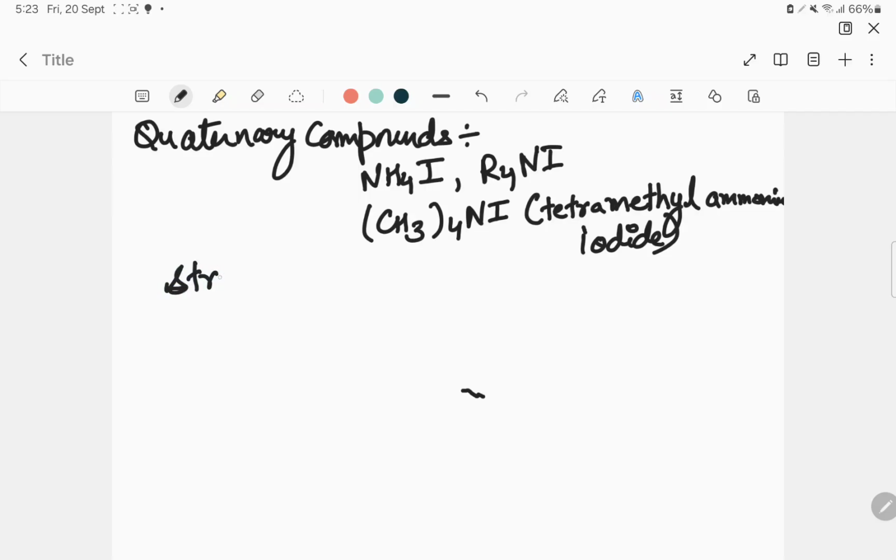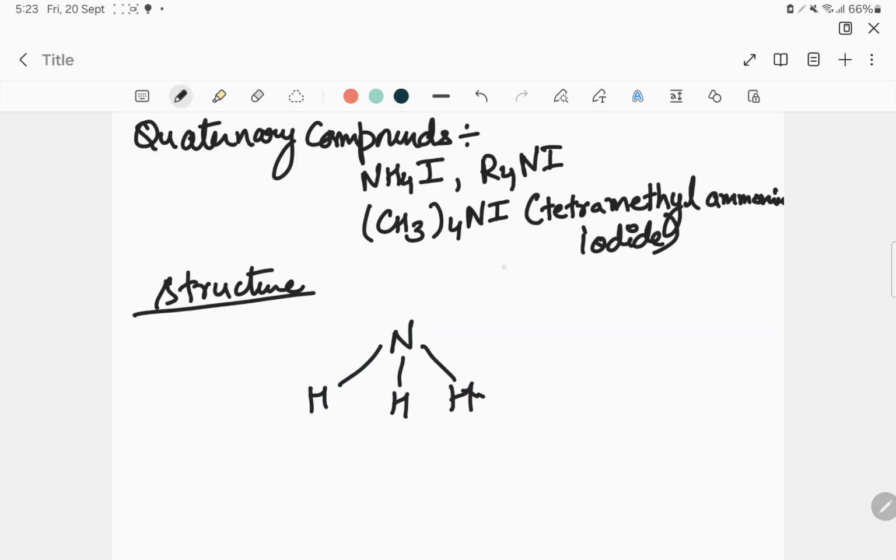Now structure. If we take the structure of ammonia, this is the structure of NH3. In a similar manner, if you're taking alkyl amines, they are also going to have the same kind of structure.